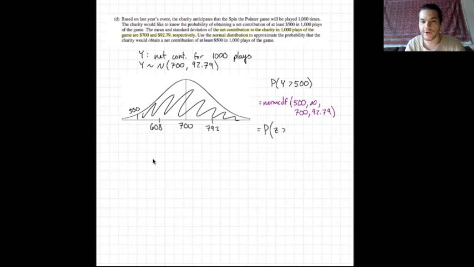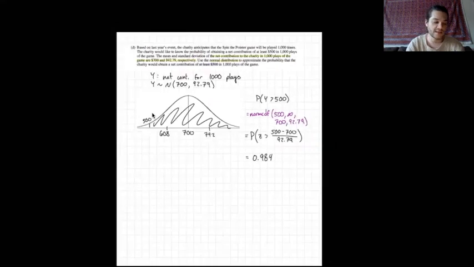So we want to know the probability that the standard normal curve has a z-score bigger than the z-score for 500. So we take 500, subtract the mean, divide by the standard deviation. And if we then type this normal CDF into our calculator, we will get the probability 0.984, which checks out with our picture. So that is 2012.